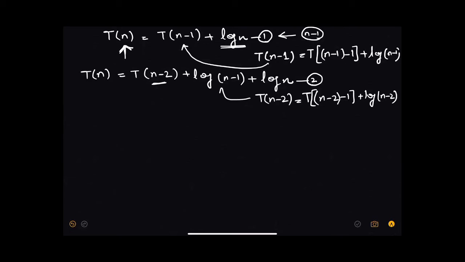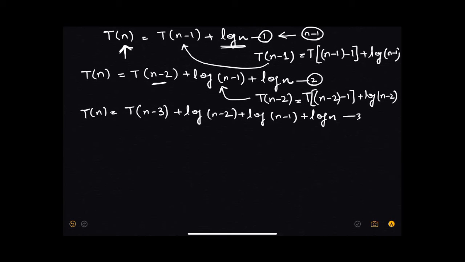Substituting this statement in equation 2, I get T(n) = T(n-3) + log(n-2) + log(n-1) + log n. This is my statement 3.